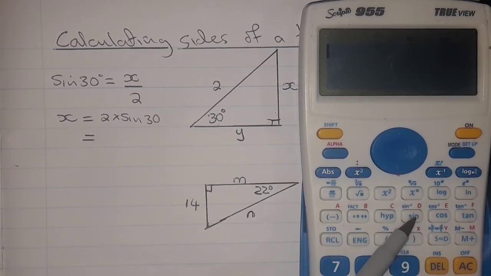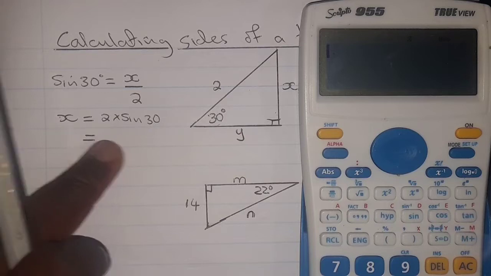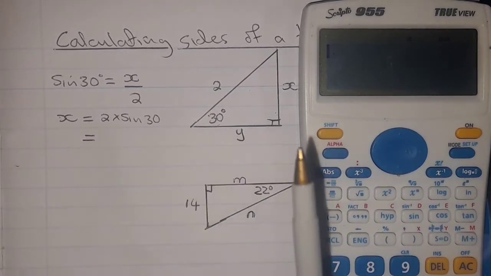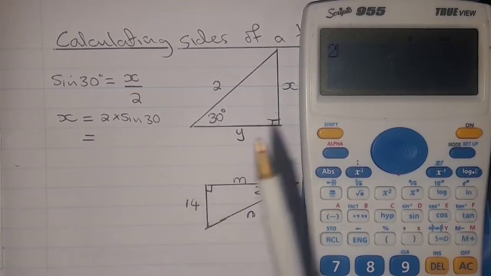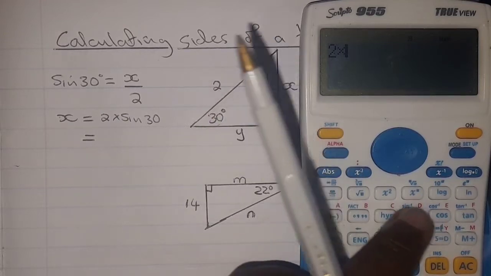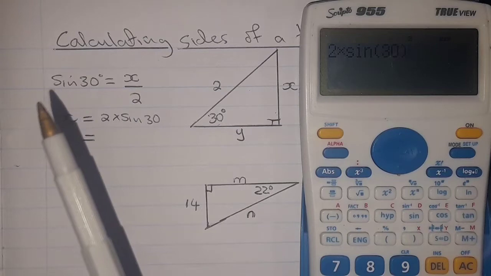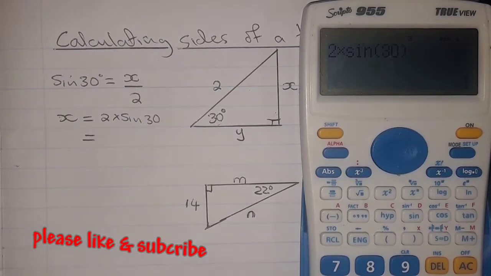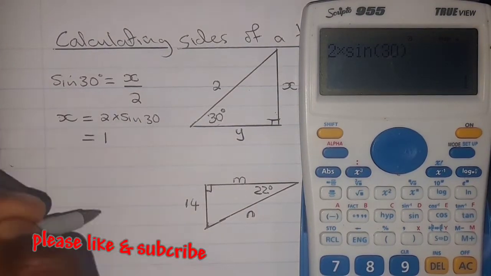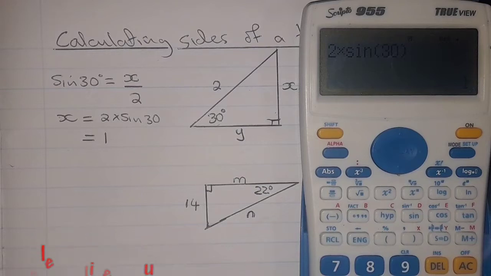Here is sine, here is cos, and here is tan. To get the value of x, it's 2 multiplied by sine 30 degrees, and this is equal to 1. So, x is 1 unit.